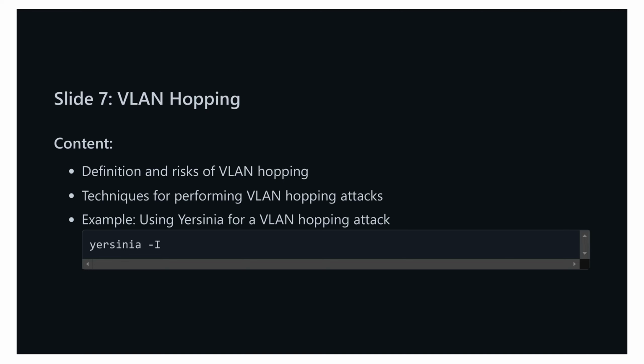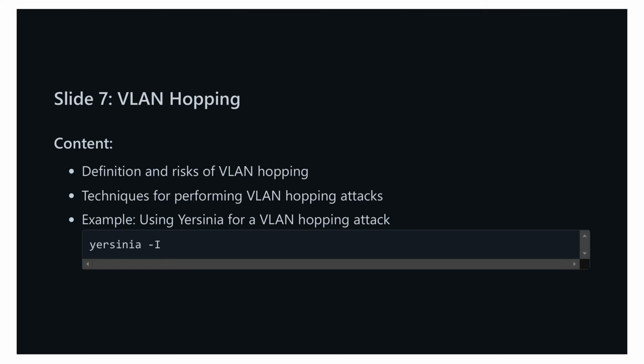To initiate a VLAN hopping attack using Yersinia, you can start Yersinia with the command yersinia -I. This will open an interactive mode where you can perform and test VLAN hopping and other network attacks. Understanding the techniques and tools involved in VLAN hopping is crucial for better securing network infrastructures against such attacks.